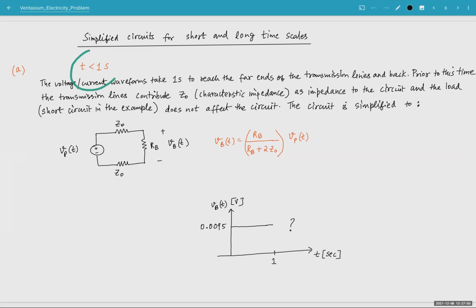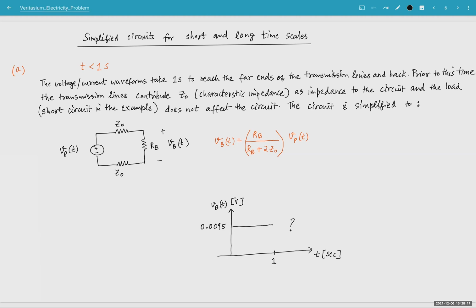For t less than 1 second, the circuit can be changed into this much simpler circuit. In other words, instead of that impedance Z_in, we can just replace the impedance offered by both the transmission lines with simply a resistor of value Z0, the characteristic impedance.